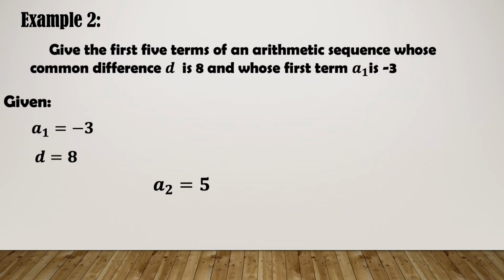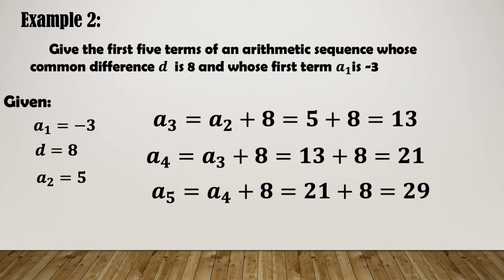Now observe that to get the succeeding term, you just need to add the common difference to the preceding term. So to find a sub 3, all we need to do is to add the value of a sub 2 to the common difference. So 5 plus 8 is 13.